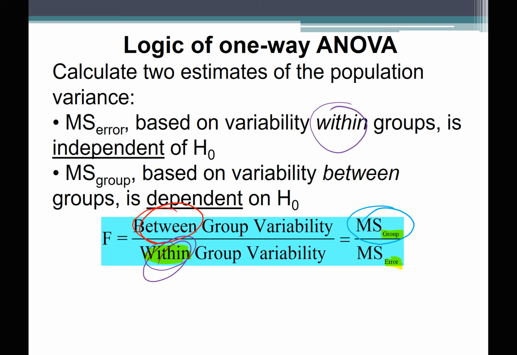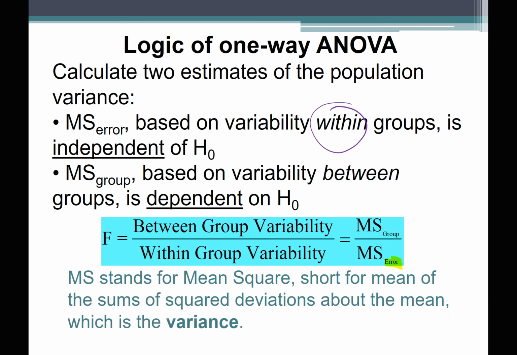And we said, what accounts for the variability within a group? Well, it's both individual differences and just error, right? So within groups, individual differences and error are what account for the variability within our group. And one thing to note here, when you see MS group, MS error, MS simply stands for mean square.